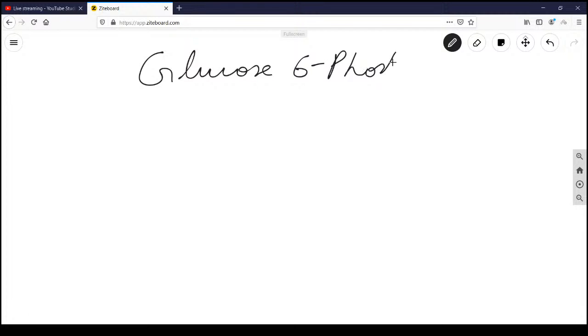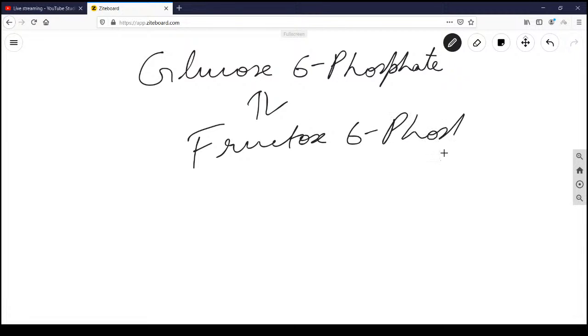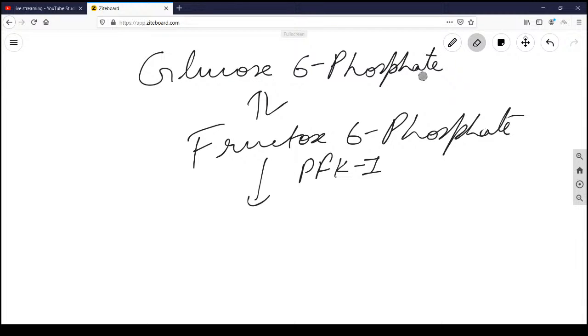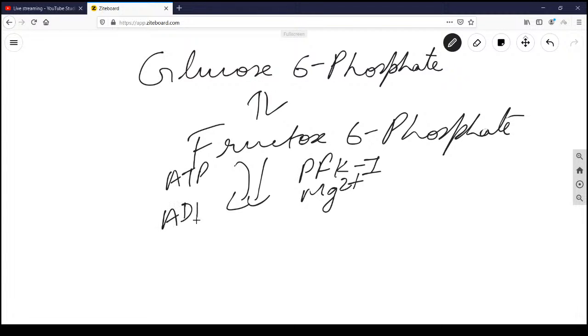So glucose 6 phosphate. This 6 phosphate you can get from the glycolytic pathway also. When you have got glucose 6 phosphate, it still hasn't entered glycolysis. Don't think it has entered unless and until it is converted to fructose 6 phosphate by isomerase. Then you have an irreversible reaction by PFK1, where ATP will be broken down into ADP plus Pi.